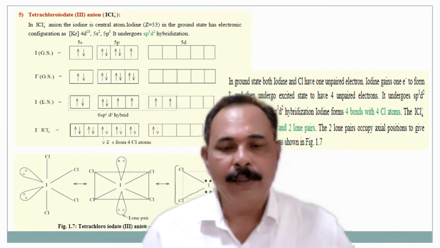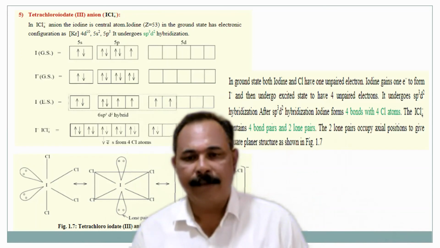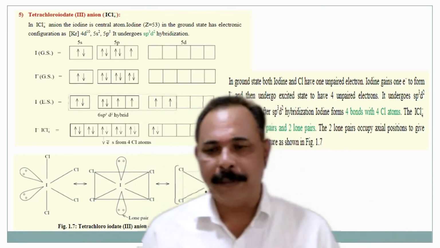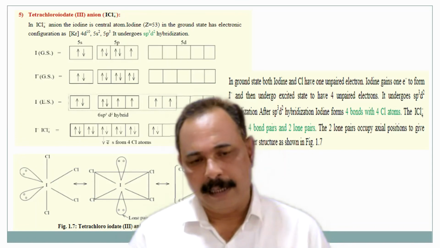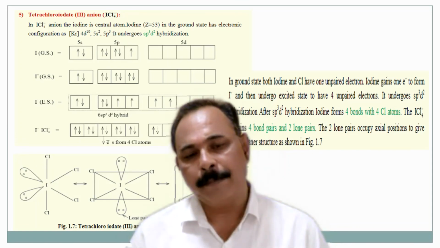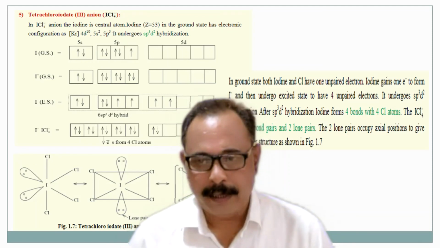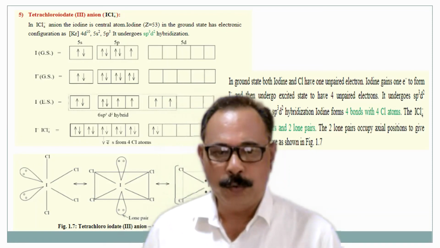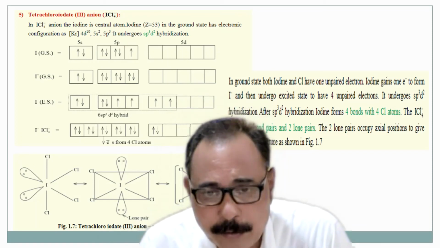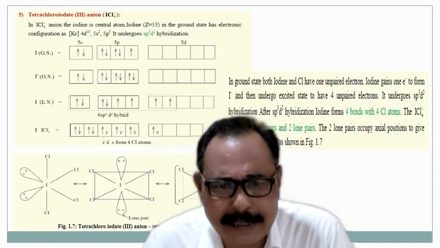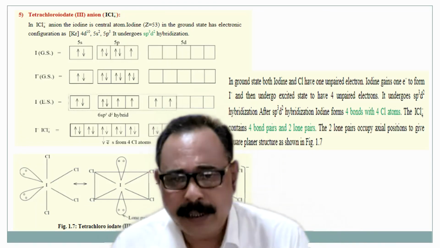Here you can observe the 2 lone pairs and 4 bond pairs, and these 2 lone pairs occupy the axial positions. That is why in your diagram you can see Cl at the 4 corners of the square plane, and at the axial positions there are 2 lone pairs of electrons. Again, there are 4 bond pairs and 2 lone pairs, and the structure is square planar.